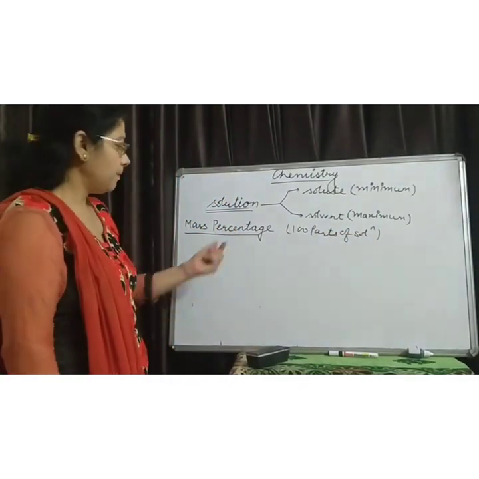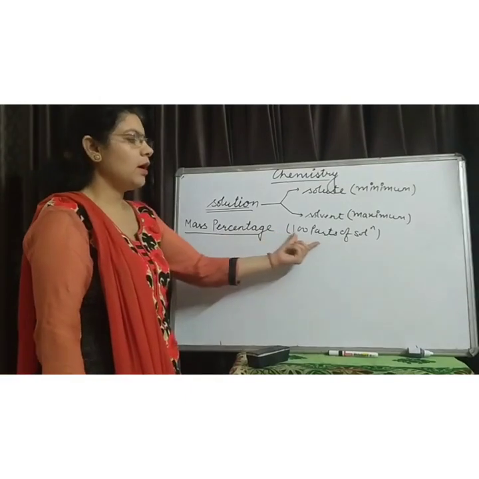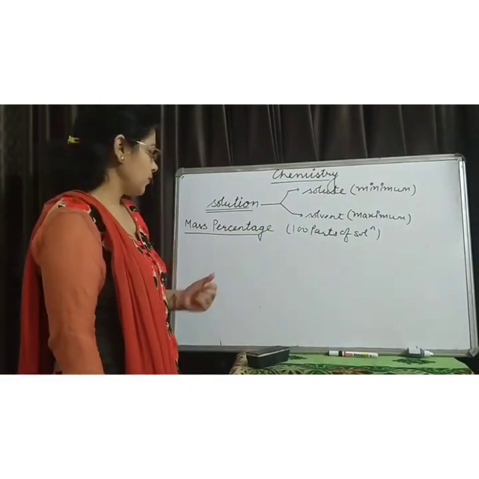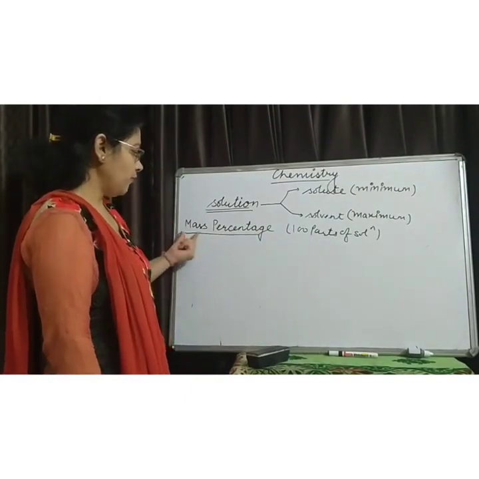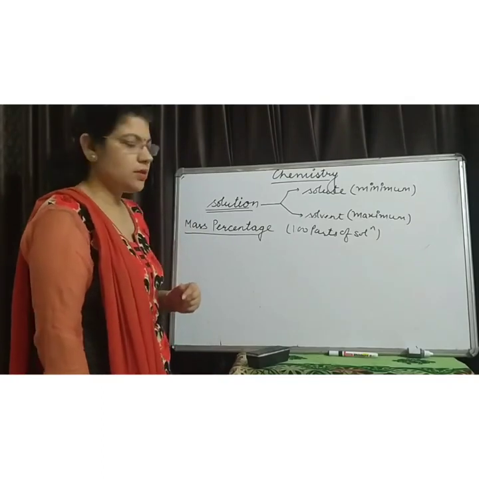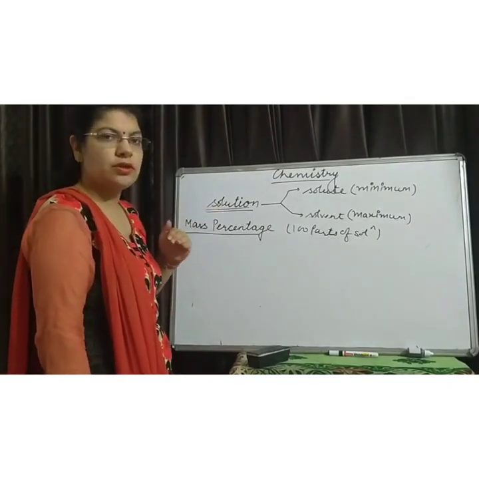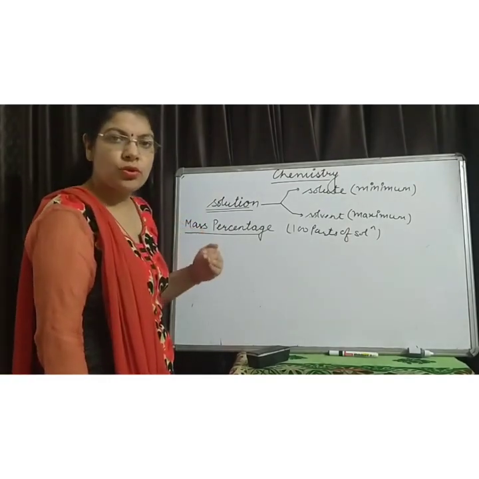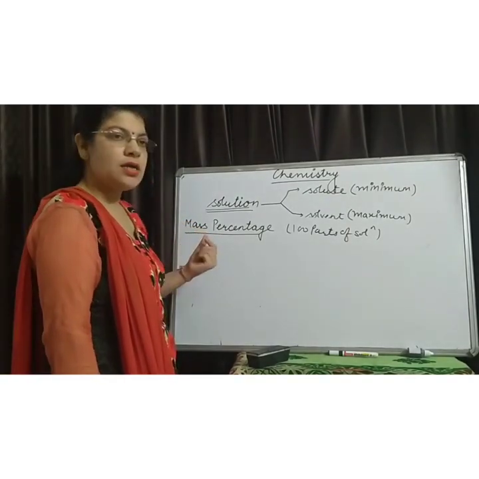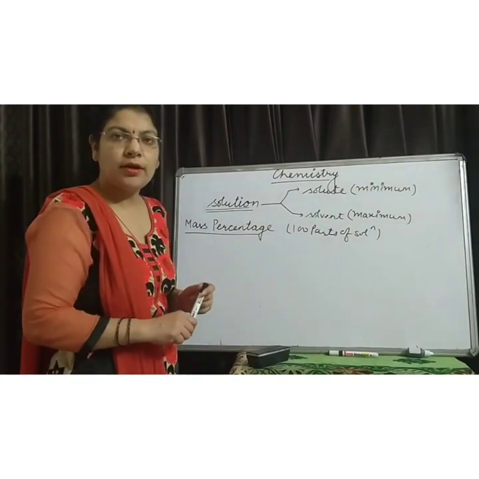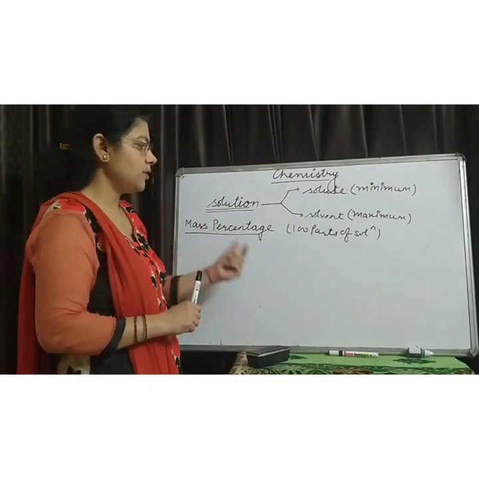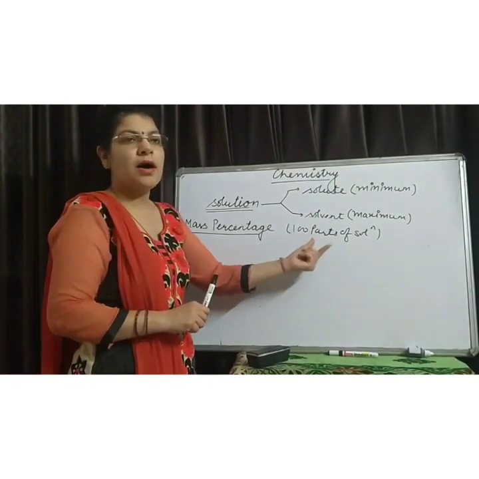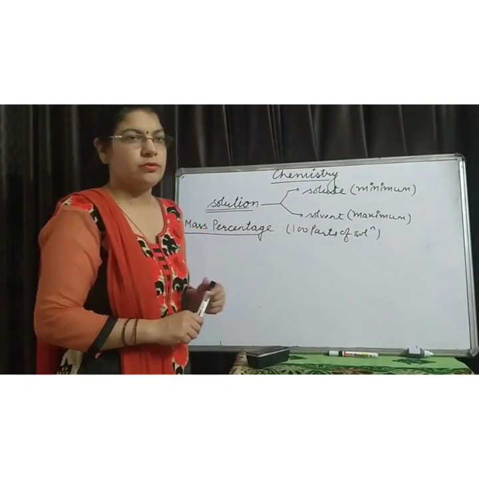The word percentage represents 100 parts. Therefore, we define the mass percentage of a solution as the mass of a component that should be present in 100 parts of the solution.